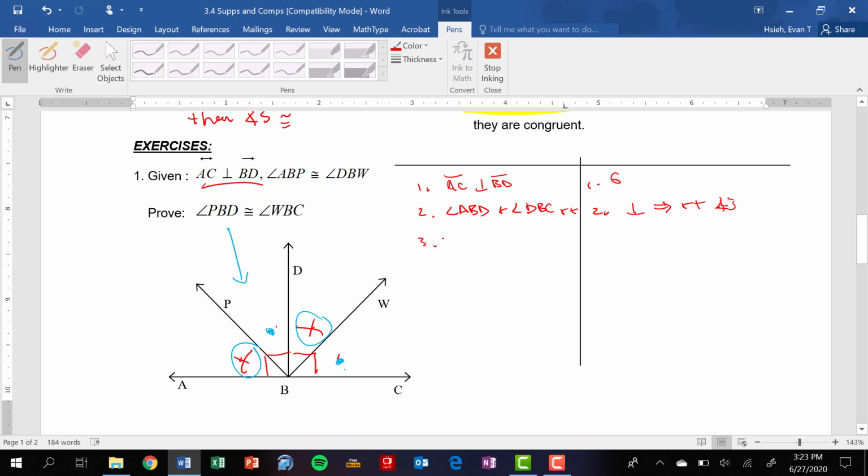I really need for these two angles to be complementary to each other. So I need angle ABP is complementary to angle DBP, excuse me. And I also know that these two angles are complementary to each other. So angle DBW is complementary to angle WBC.